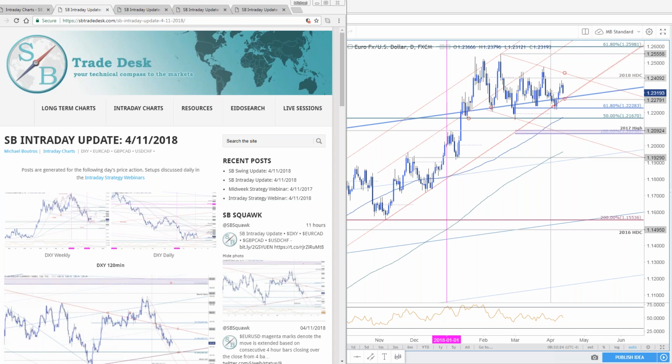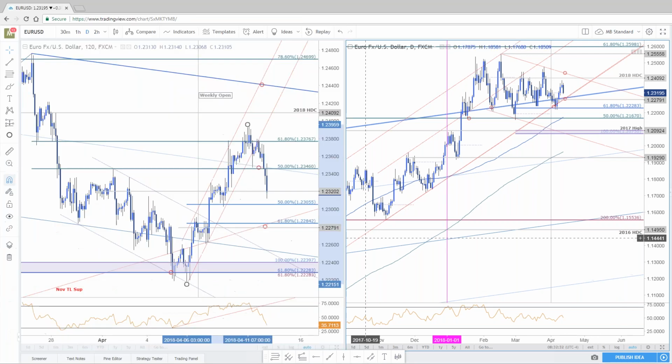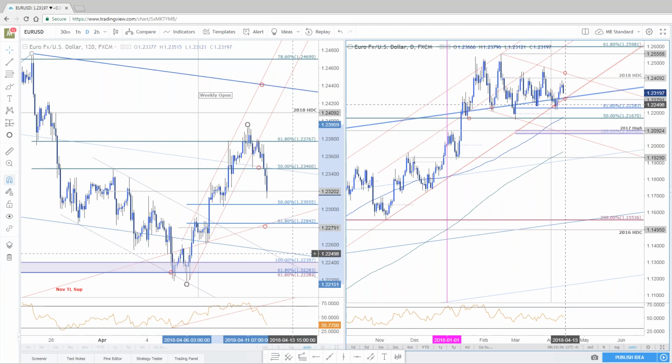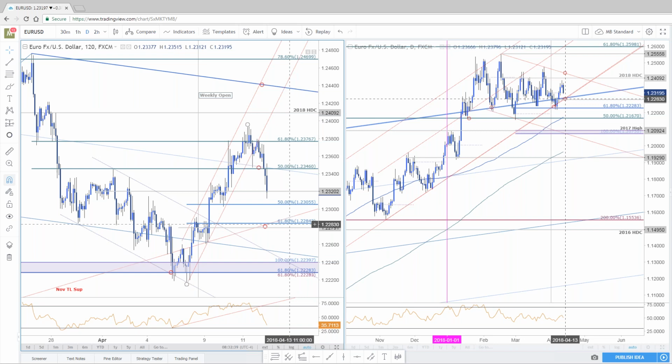Really nice entry last night from Jamie. We're targeting just a little bit lower towards 22.90, but even ahead of that for the euro, just to show you real quick on those levels: 22.76, 22.80, 22.84 is where the cushion of support is.